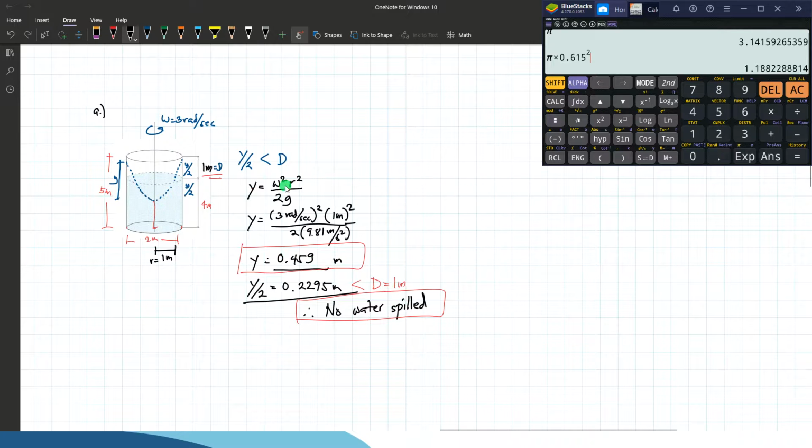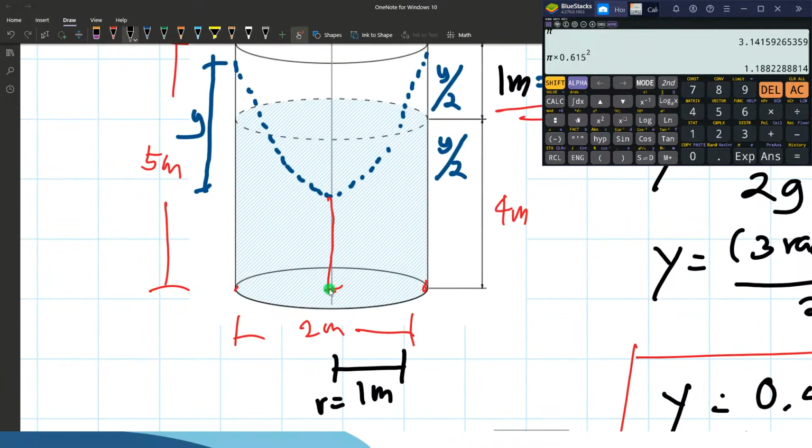So we will just determine here the depth of the fluid. For the minimum pressure, the pressure is just computed by the product of the unit weight and the pressure head, or the depth of the fluid. So the minimum pressure is at the center. Let's just determine this depth.